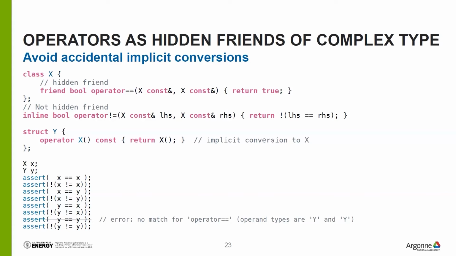Since Y is not part of class X, it says, oh, there's no equality operator for it. However, this one, because it's not a hidden friend, it's a regular function, says, oh, I can convert the left side to X, I can convert the right side to X, I can compare them. This surprises people because people put these conversion operators in, they don't think these issues through. These are very nuanced technical C++ issues.